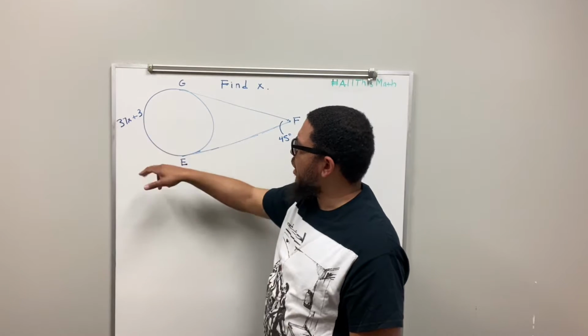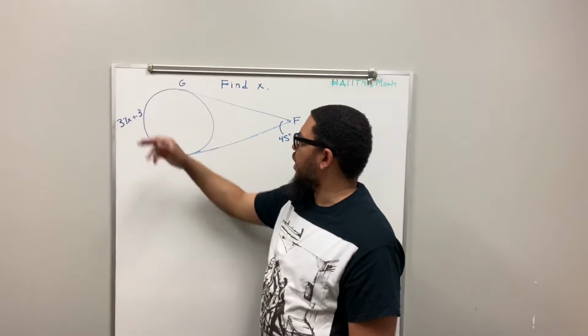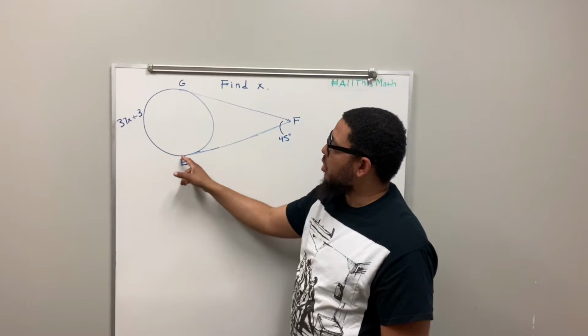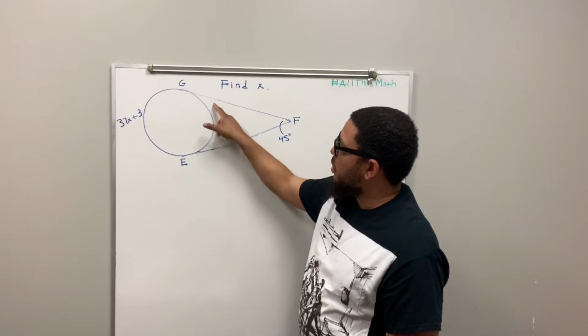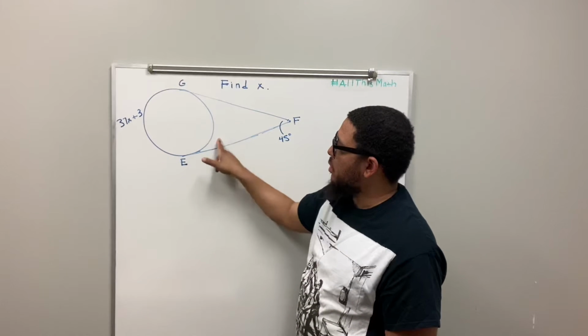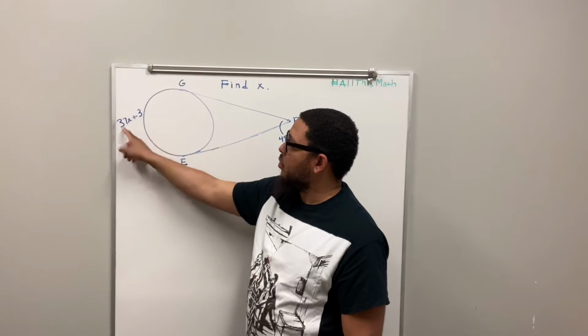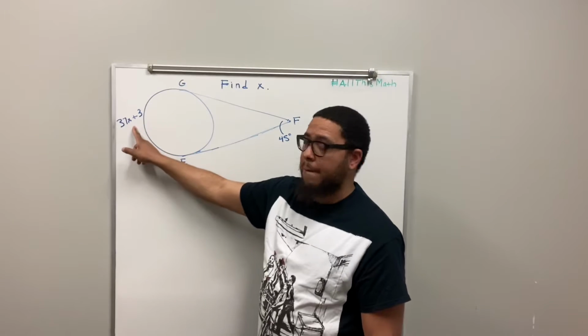It doesn't really have a name. There would need to be another point identified on this circle for this other arc to have a name. But at any rate, this arc right here, we're going to call arc EG, because we don't know any information about it. We know that this arc from point E to point G on the other side of the circle is represented by 37x plus 3.